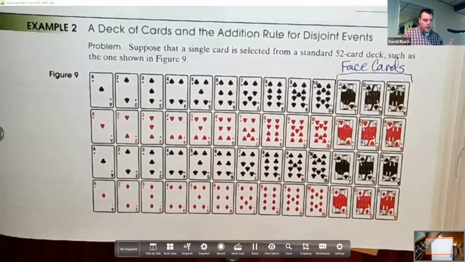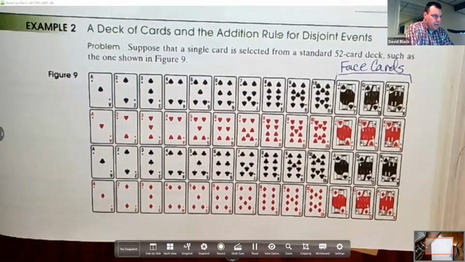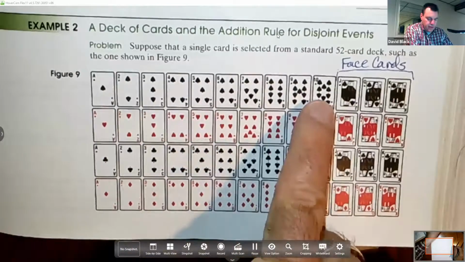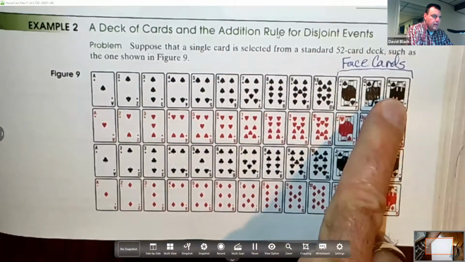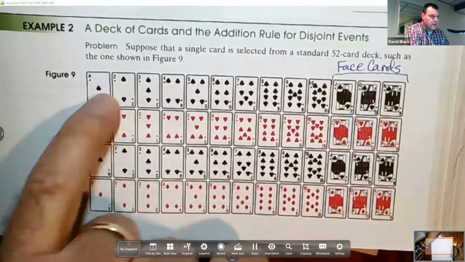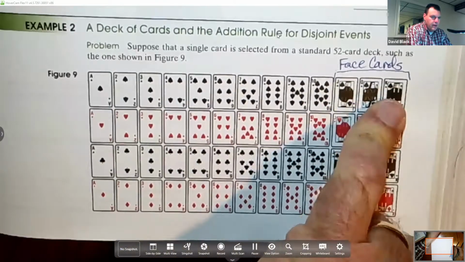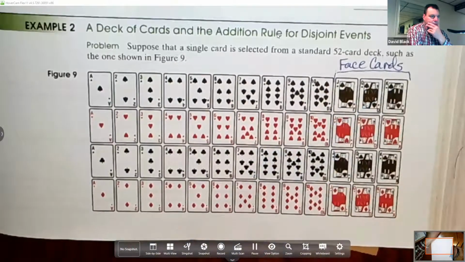So if you want to just kind of refamiliarize yourself, remember there are 4 suits: spades, hearts, clubs, and diamonds. They each have 13 cards, ace through 10, and then jack, queen, and king. So that's 13 cards in each suit. That's where Savannah got her 13 hearts a while ago.